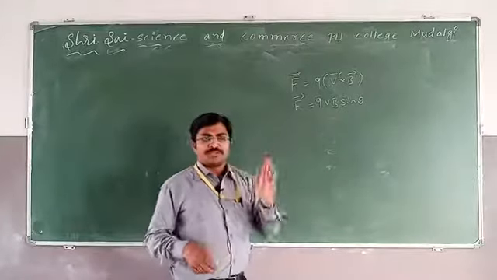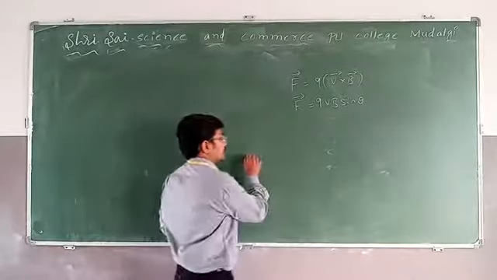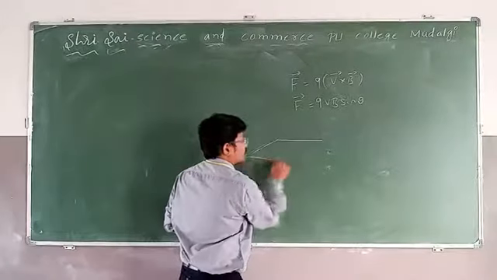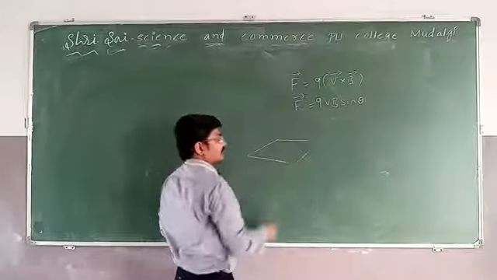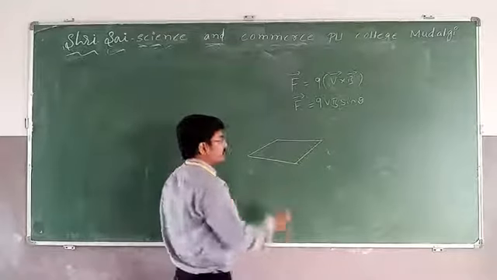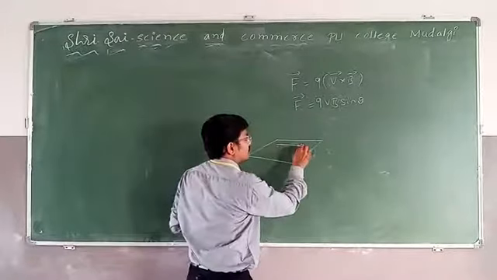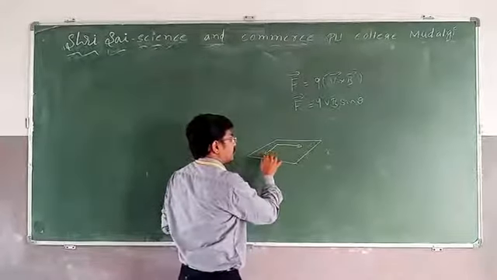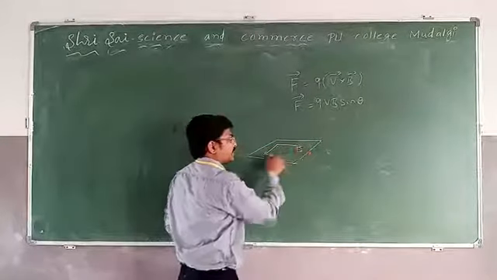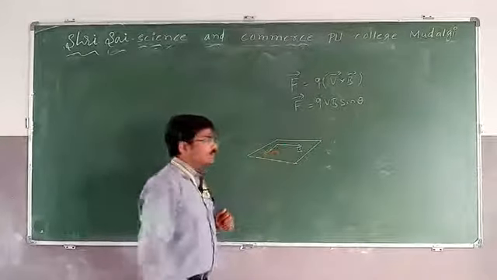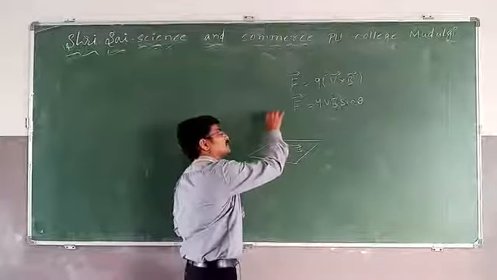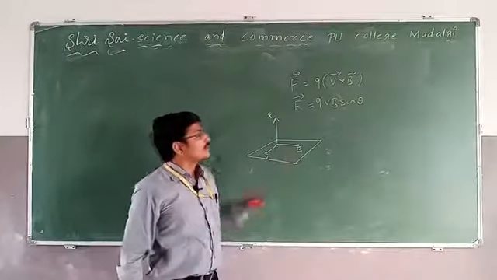It is just like the vector screw rule we studied in the first year. If velocity and magnetic field are lying in the same plane, then the force is perpendicular to that plane.